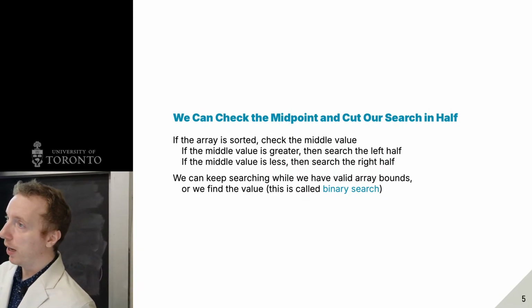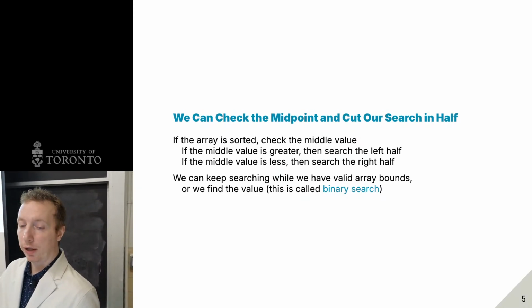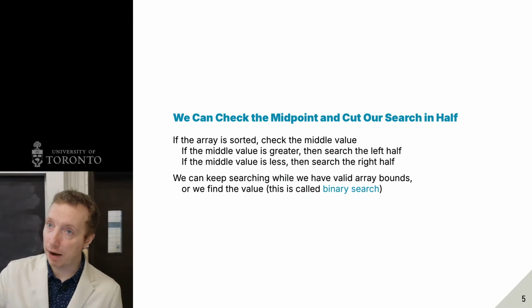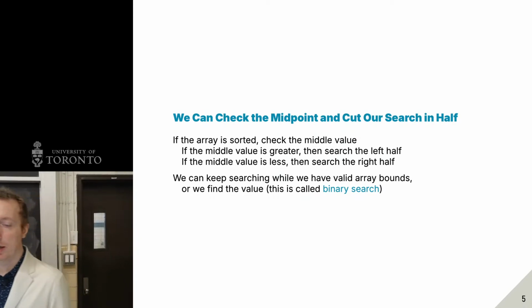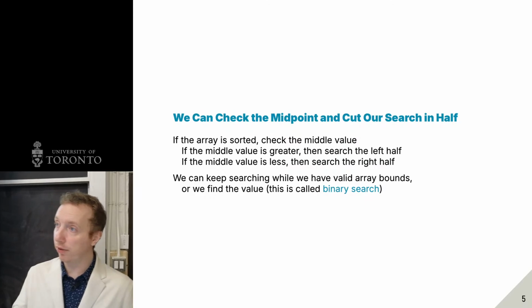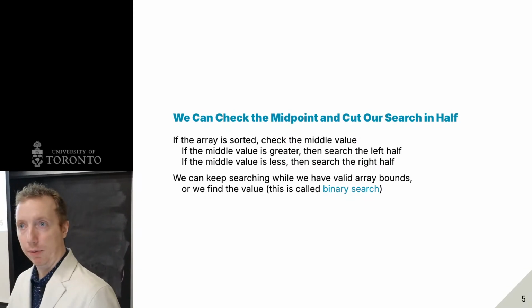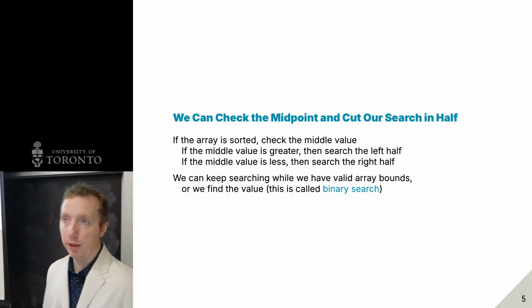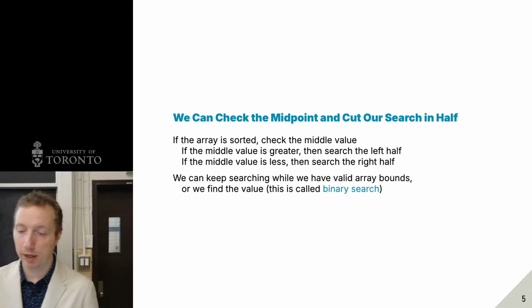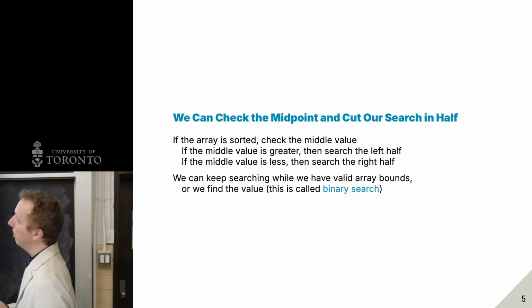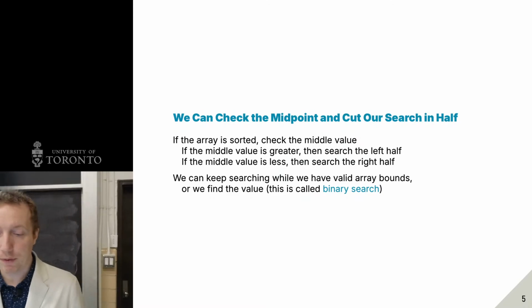If that middle value is greater than what you're currently looking for, then the value must be in the left half of the array because, again, it's sorted. If the middle value is less than the value we're looking for, we need to search the right half of the array. We cut the array we're searching in half every single time. We keep searching while there are valid array bounds, or until we find the value.